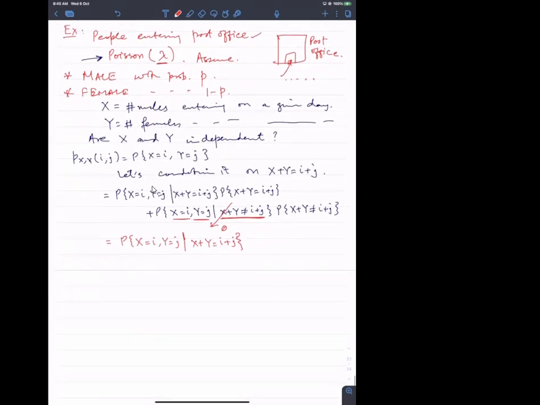Now, what we are saying here is that I plus J people are entering the post office. It is given to you.